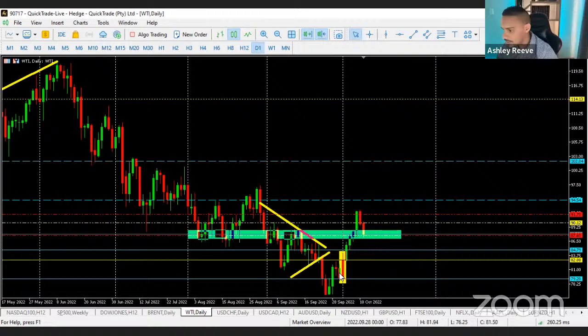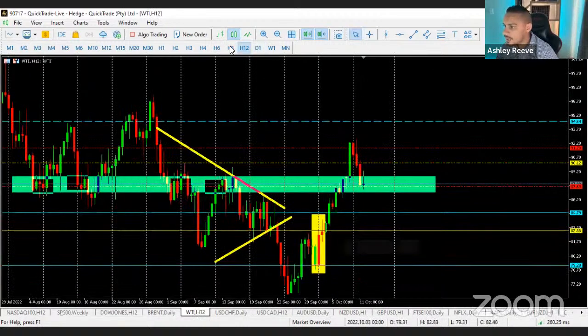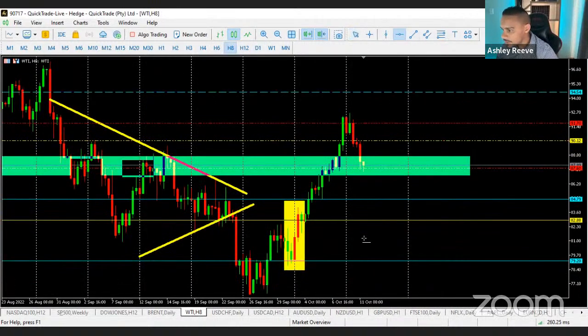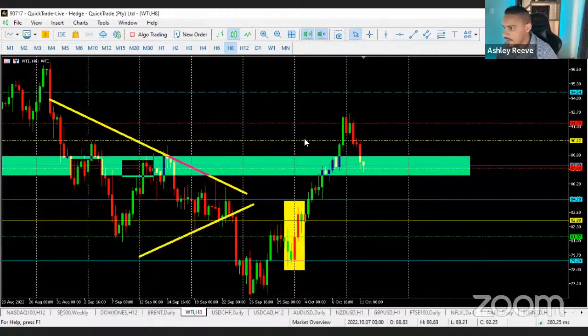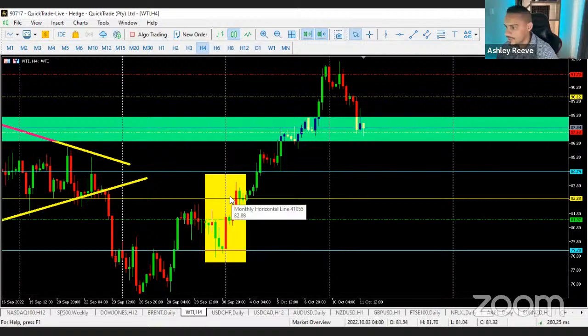Not the open, the close, sorry. And we go down to a shorter time frame. You can see inside there's that one there, and then there's three. There's 1, 2, and 3 areas there. Brent levels.